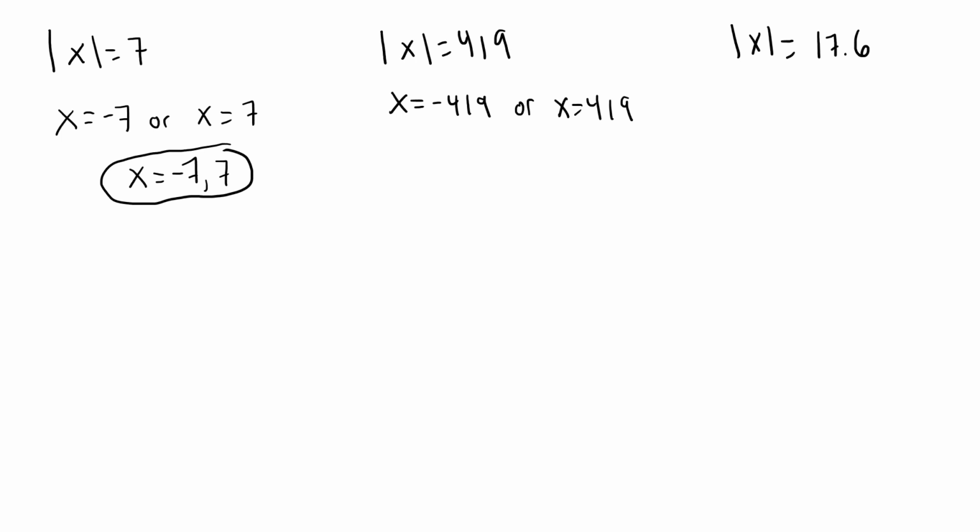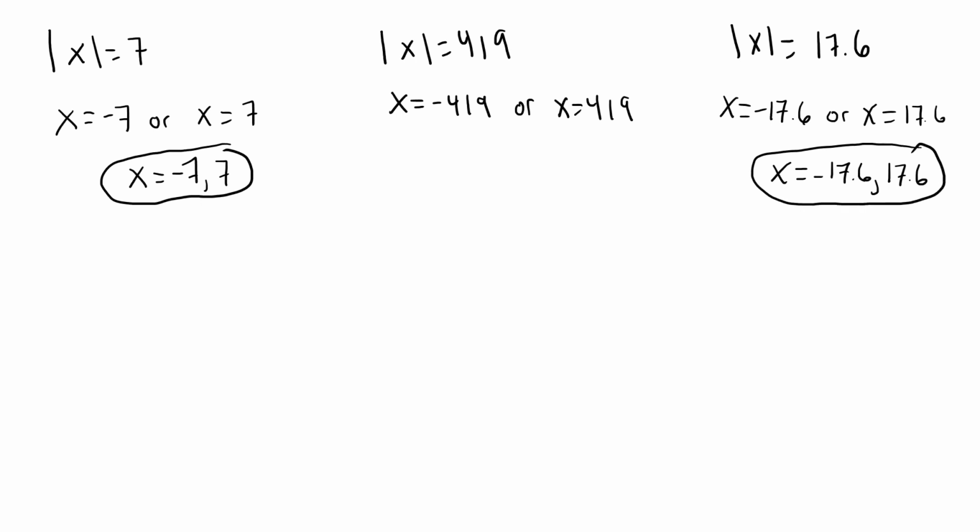Okay, in this problem, just like the previous two, what number or numbers are 17.6 units from 0 on the number line? That would be negative 17.6 and positive 17.6. So x is going to equal either negative 17.6 or positive 17.6, and our solutions would be x is negative 17.6 and 17.6.